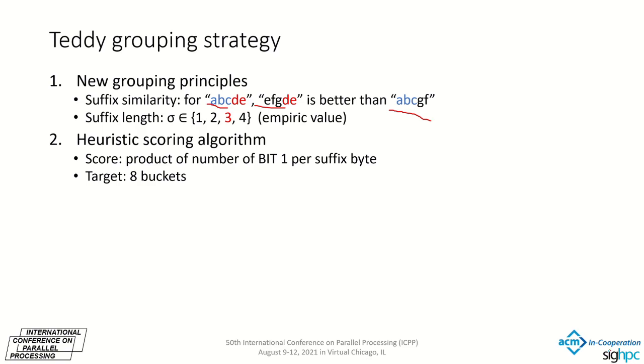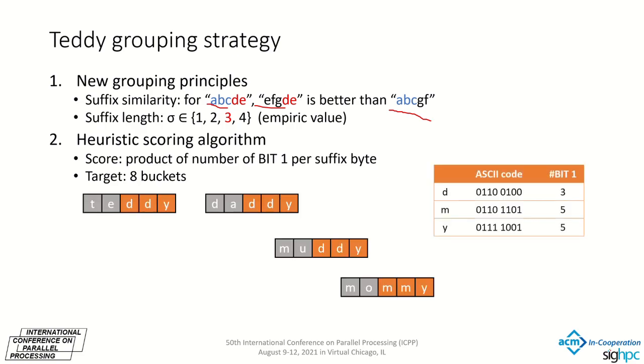In order to judge whether two strings should be in the same bucket, we propose a scoring algorithm. The score is the product of the number of bit 1 in each suffix byte. If the score increases, it means that the two strings should not be in the same group. For example, the number of bit 1 in D and Y is 3 and 5.